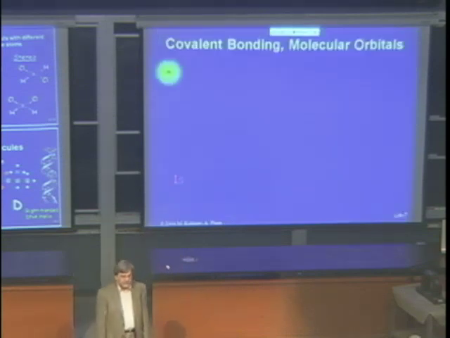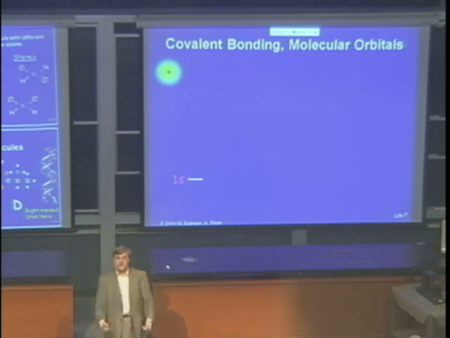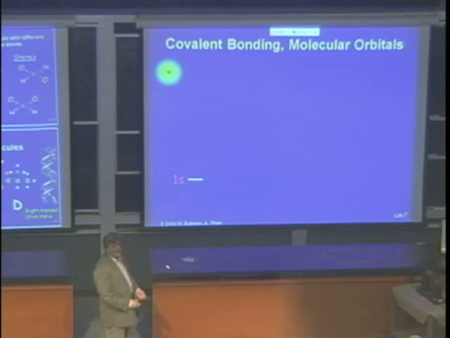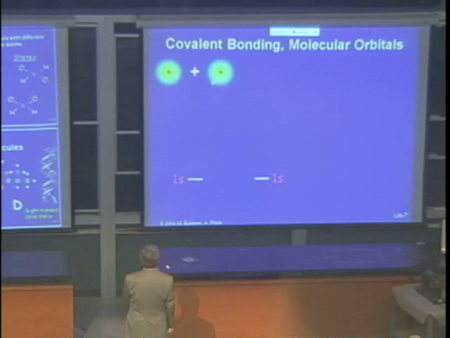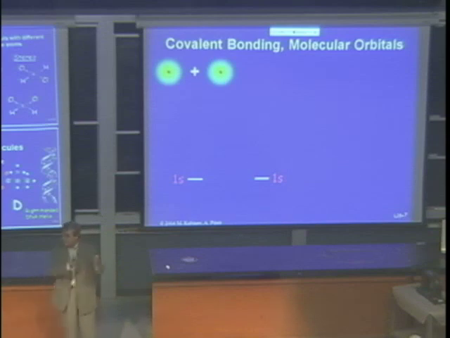So we can have, for example, a 1s electron orbital. And there's this green and red, so it pulsates, it becomes red and green and red and green, so the phase changes there. So if you have another one, for example hydrogen, you have one atomic orbital and another atomic orbital. One is a hydrogen and the other is a hydrogen atom.